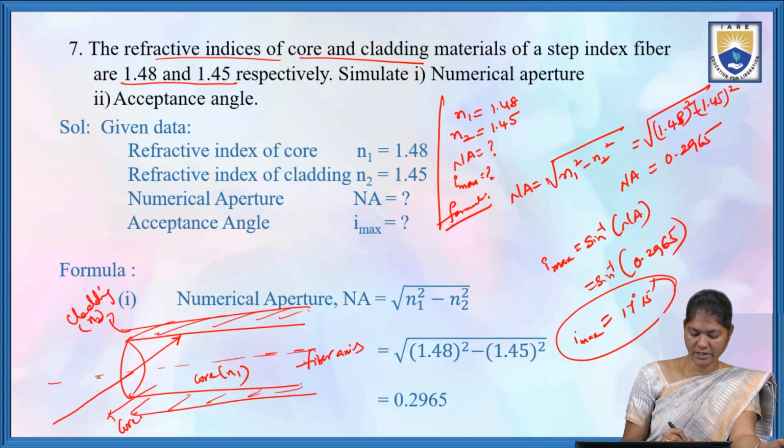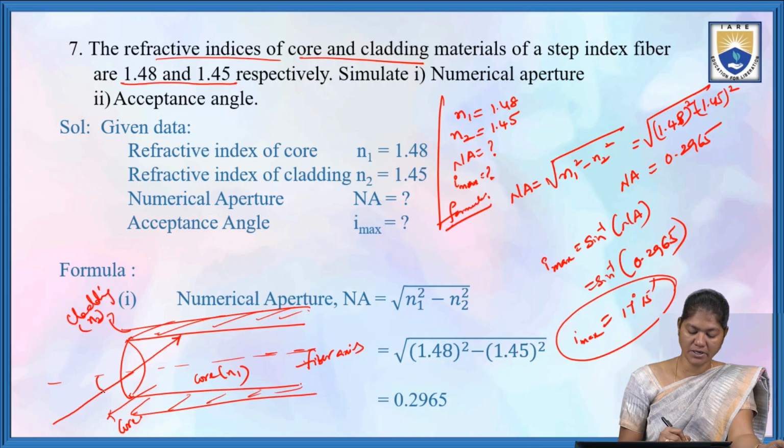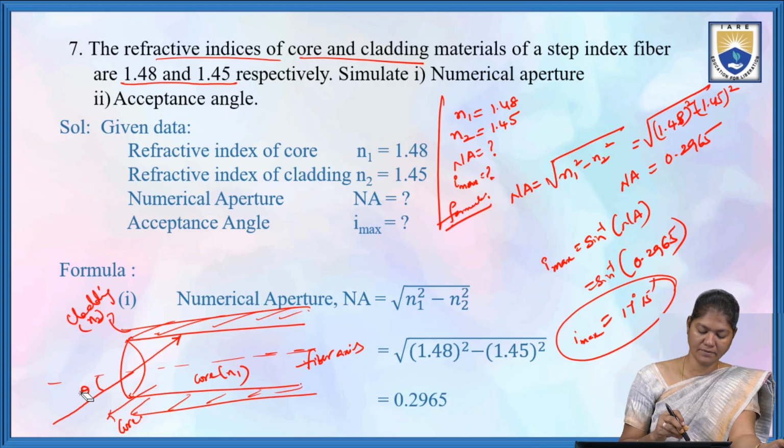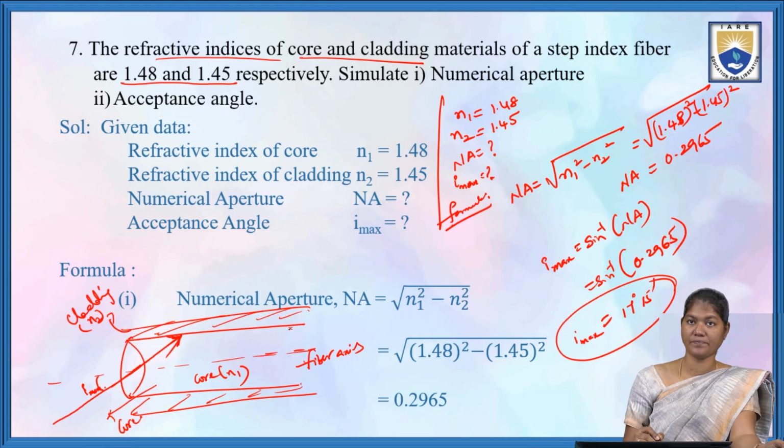So the maximum angle of the light ray that made with the fiber axis and enters into the core, that is i maximum. This is the maximum angle of the incident ray made with the fiber axis that enters into the core.